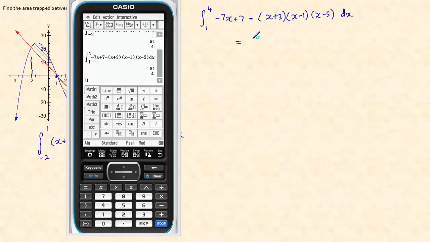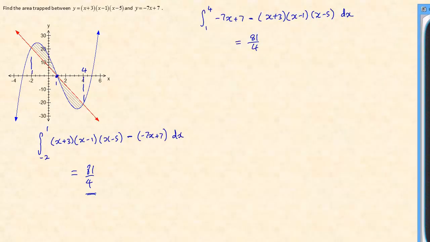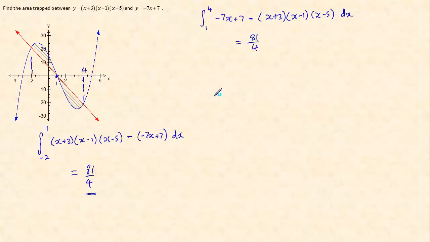So that gives us 81/4. That's nice and symmetric. So the total area is obviously going to be 81/4 add 81/4, which is 81/2.